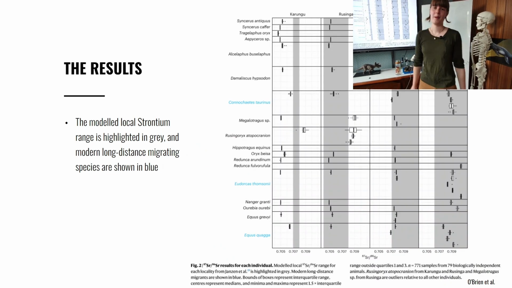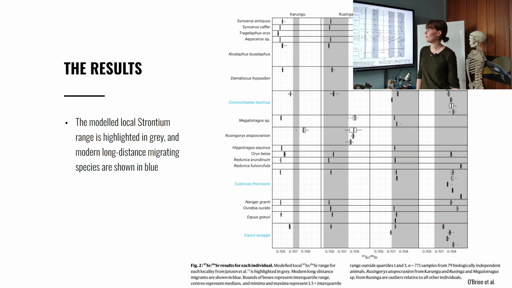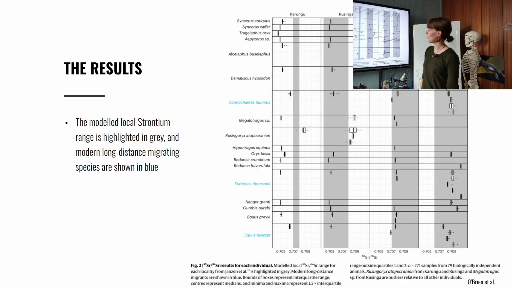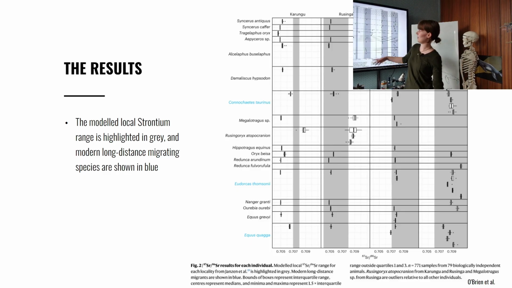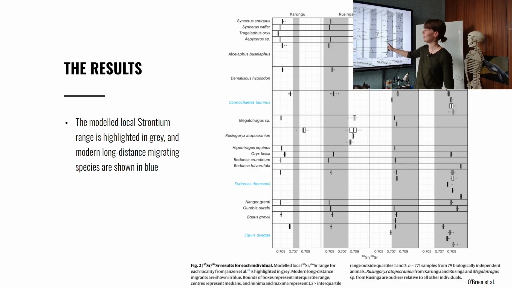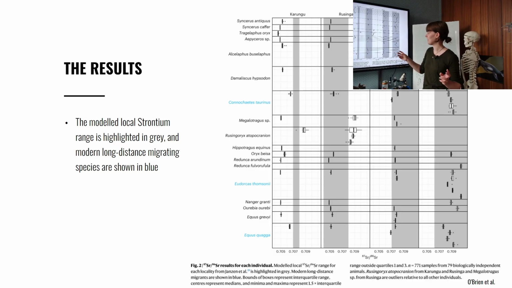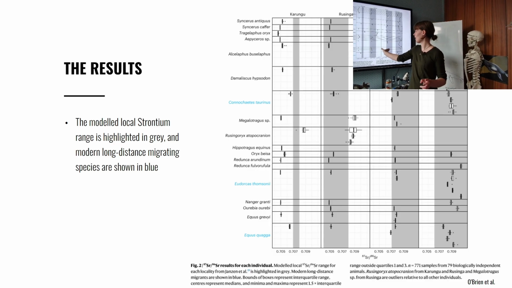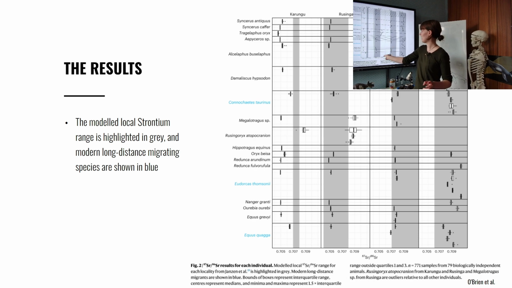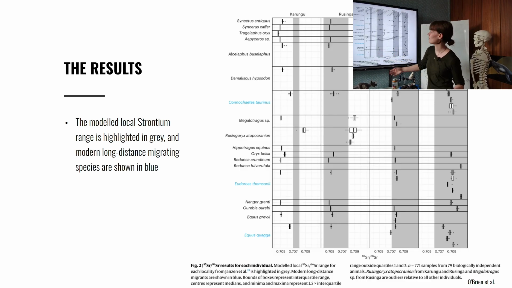So the results are what was very interesting because basically, just to break this down, the grey bits are the modelled local strontium range. So that is the bit within which the animal was probably not migratory, and then outside of that is out with the range.